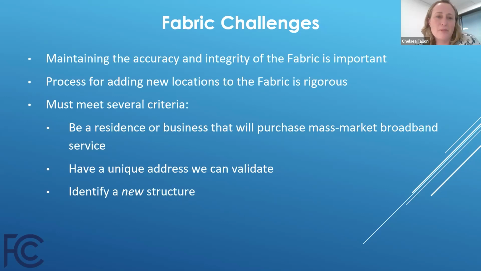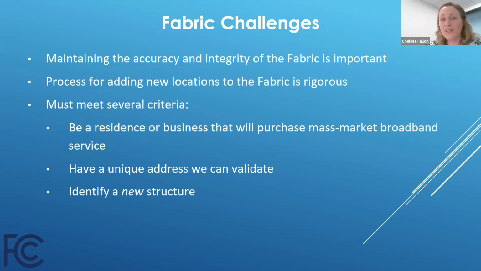And given the amount of data in the fabric and the complexities involved in creating it, we know that the data set isn't perfect, and as a result, we have a process for accepting challenges or proposed corrections to the fabric. And there are different categories or types of challenges to the fabric, including adding new locations to the fabric or changing the data associated with the locations that are already there, such as the coordinates, the address, the unit count, or the building type.